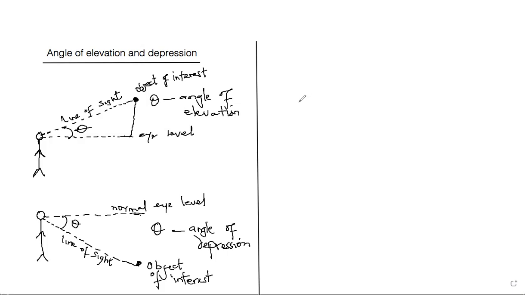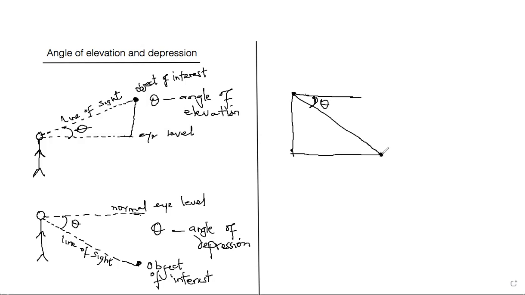So let's say you are here, and this is the normal eye level, and something is being looked at with an angle of depression. Let's say this is the ground level, or maybe a particular reference that we are looking at. If you look at something with an angle of depression equal to theta, you are looking at this thing here.